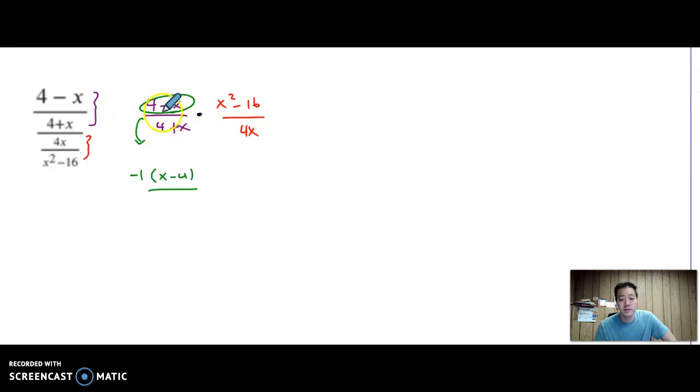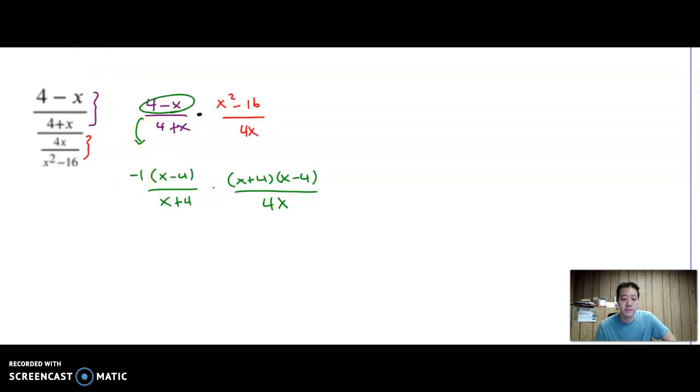If you want, we also talked about you can take out a negative 1, and then that can switch as well, all right? And so if you notice here, I switched that to x plus 4. This factors to x plus 4 and x minus 4, and you can tell that the x plus 4's are going to cancel out.